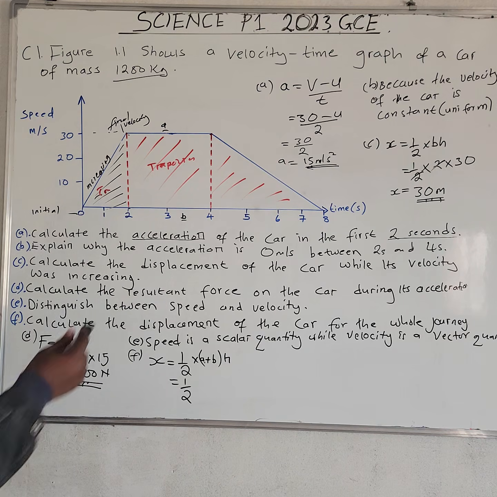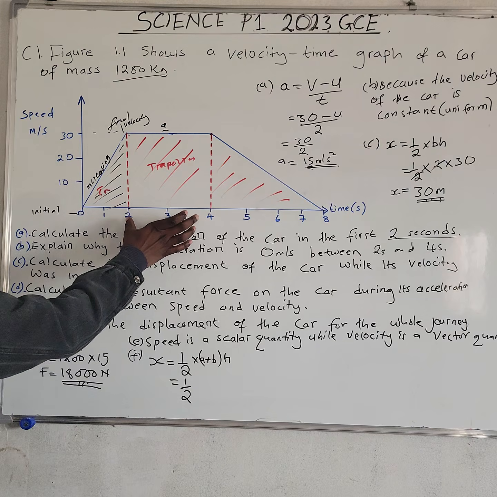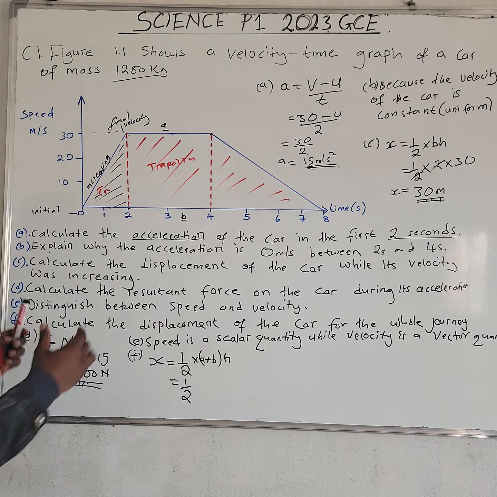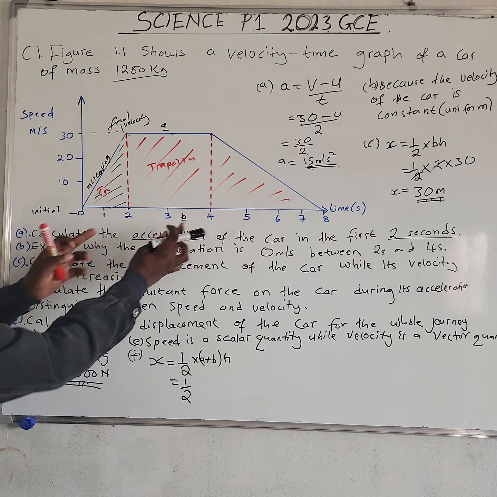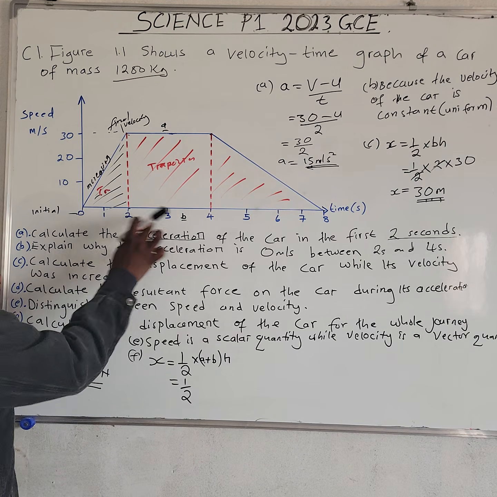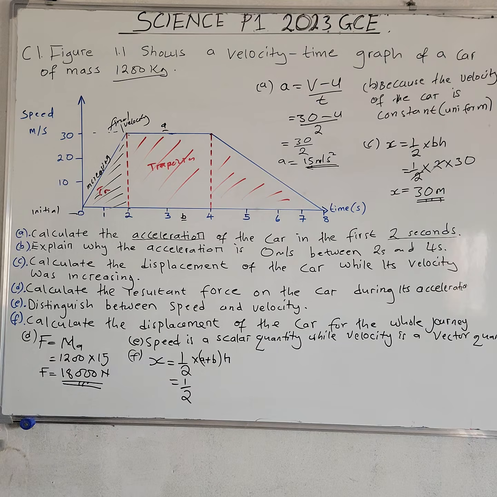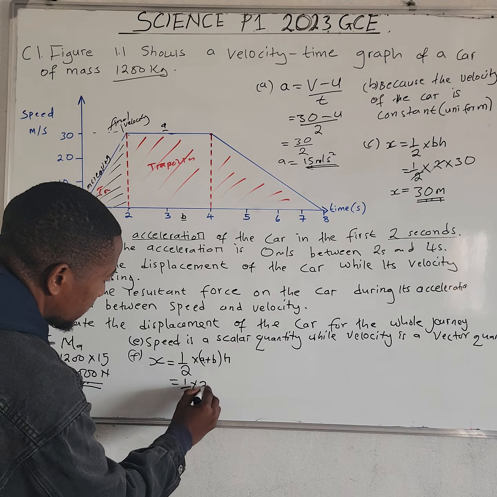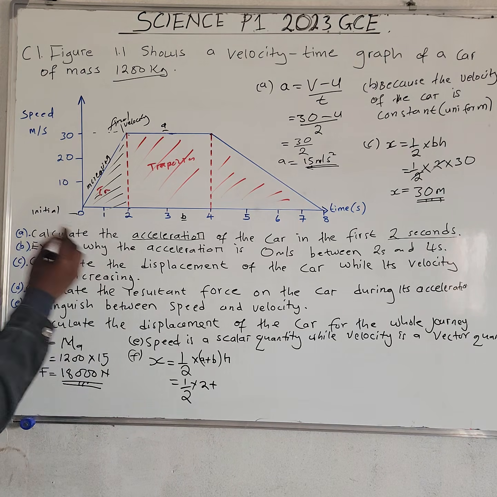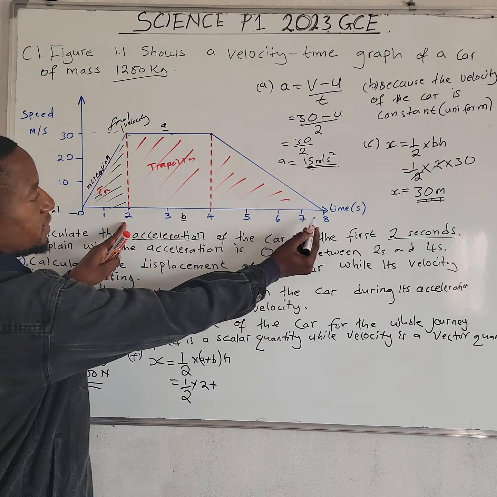We are going to get the numbers from the time here. Between 4 and 2, the difference is just 2. So a is 2.